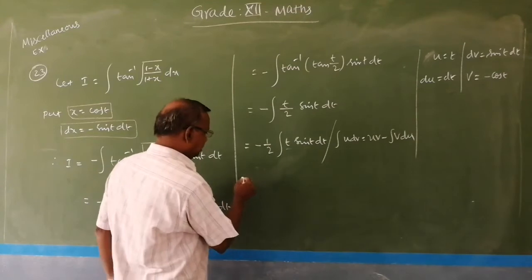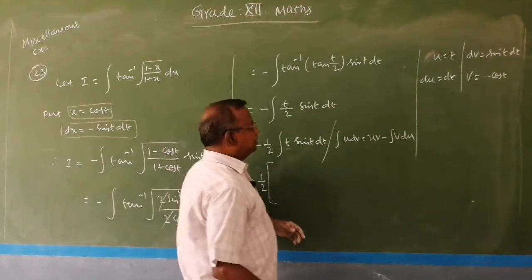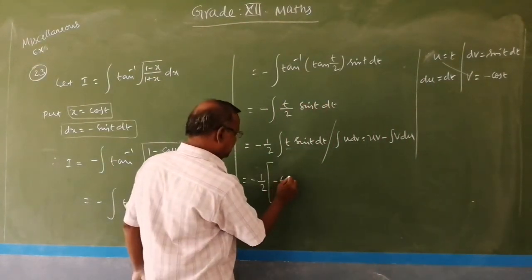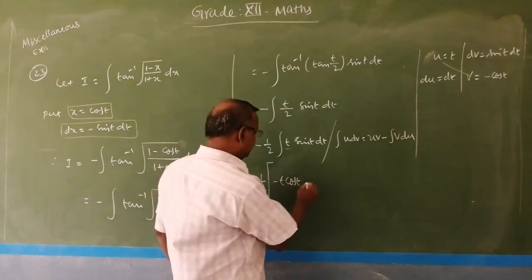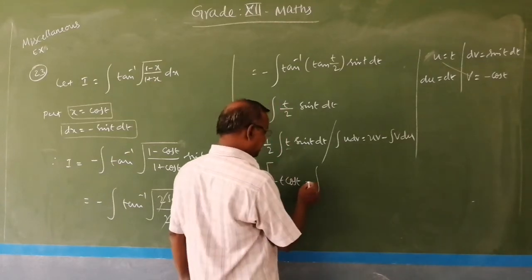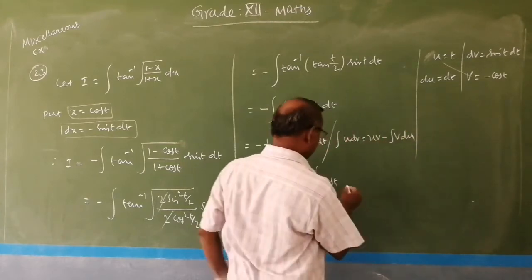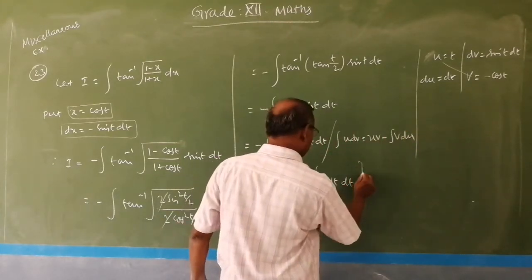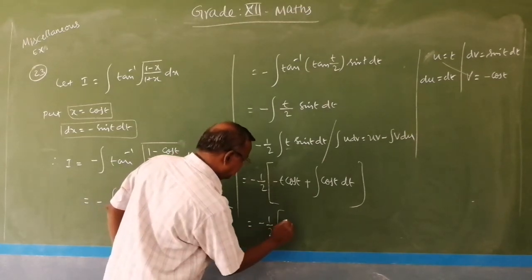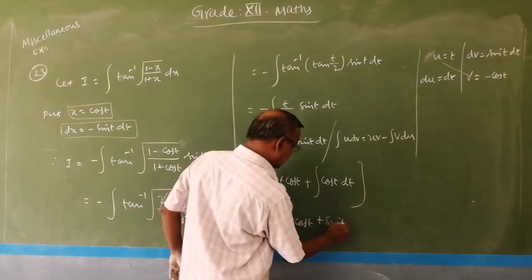So this is minus 1 by 2 into uv, that is minus t cos t, and minus integral v du. v means minus cos t, minus into minus is plus cos t into du means dt. So this is equal to minus 1 by 2 into minus t cos t plus, integrating cos t becomes sin t.